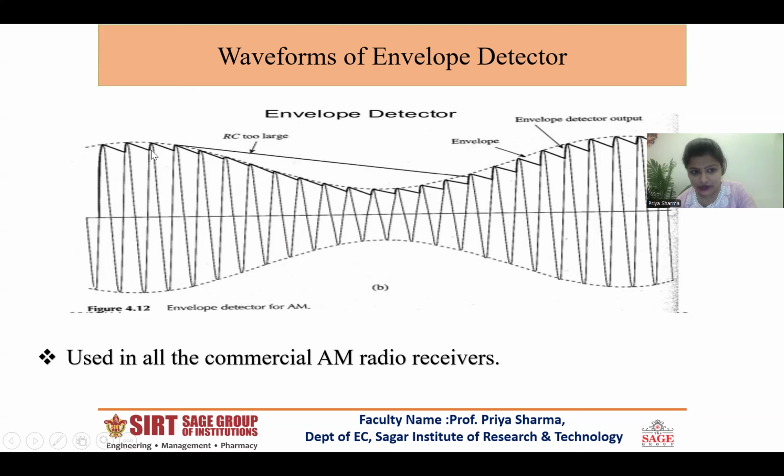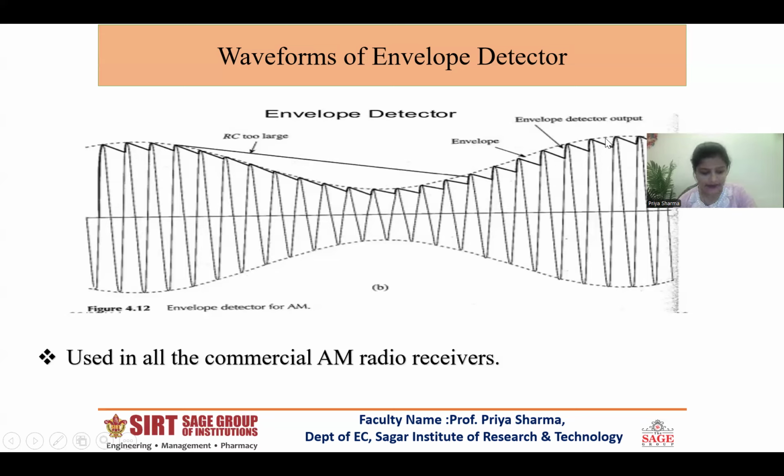Again it discharges through R, then it charges to its peak value, then again it discharges through R. This is how the peaks come, and we can join the peak points of all these to recreate the transmitted message signal.